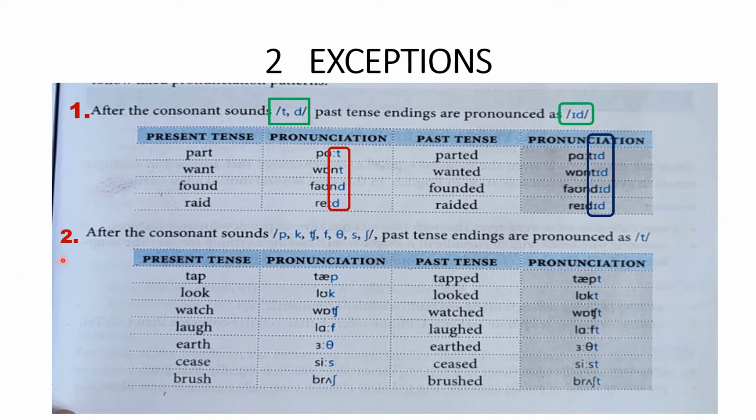Now coming to the second rule, the consonant sounds p, k, ch, f, th, s, and sh. These are the seven sounds which give rise to t for the past tense endings. See, p means tap, k means look, ch means watch, f means laugh, th means earth, s means seize, sh means brush.